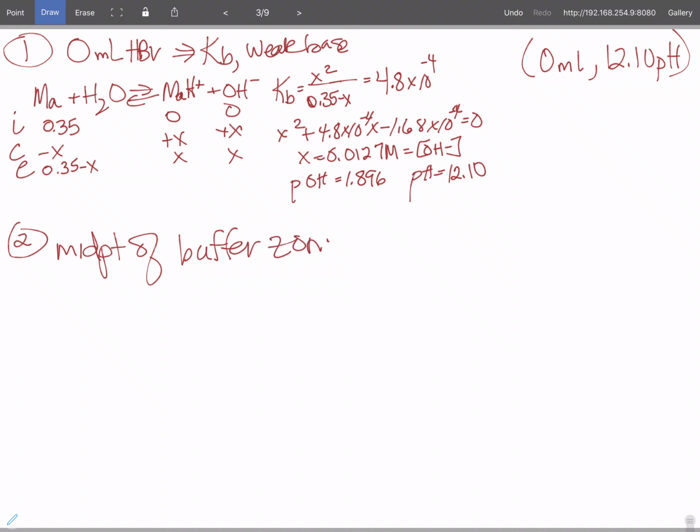So, because this is a weak base, then the pOH is equal to the pKb, which is equal to 3.36, which means my pH is equal to 10.6.